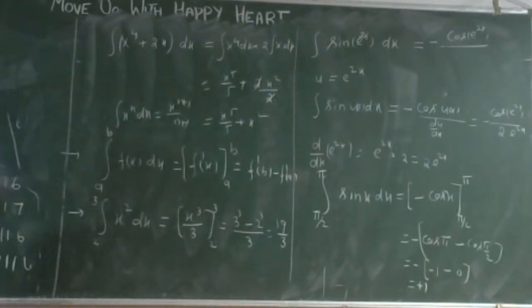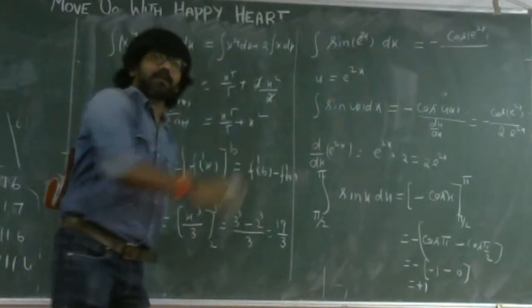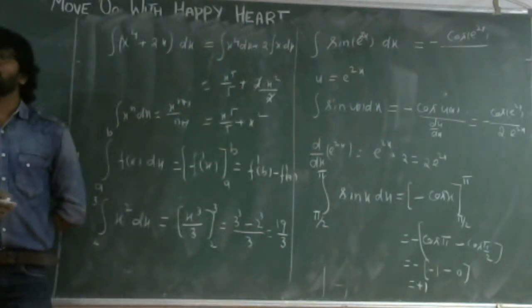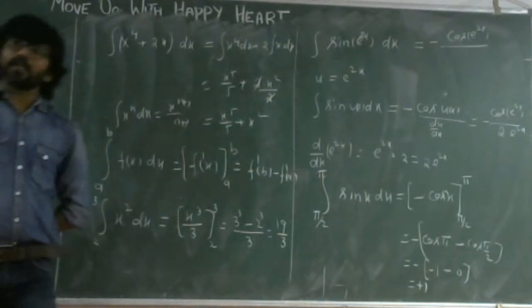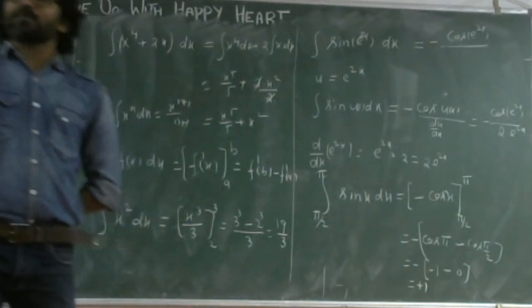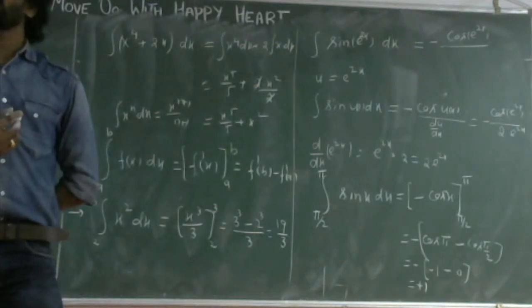So these are briefly a few examples related to the important rules of differentiation and integration. Right? Now, if you have any questions, you can bring them so that we will discuss those. Do you have any questions?